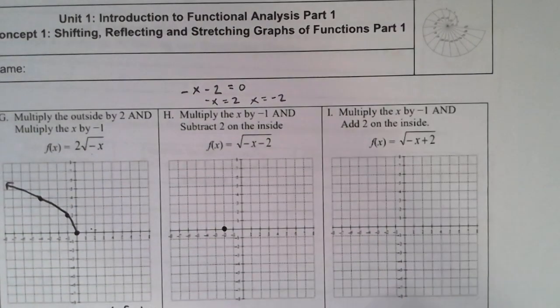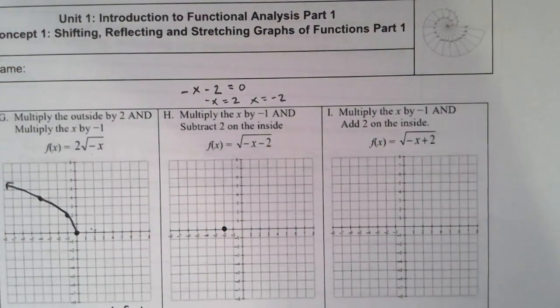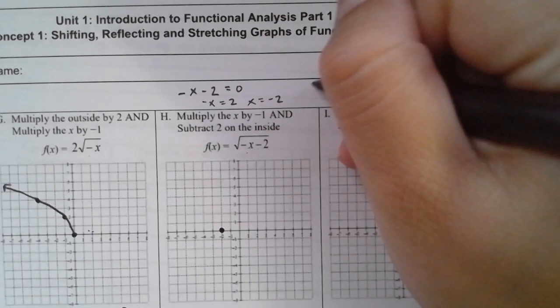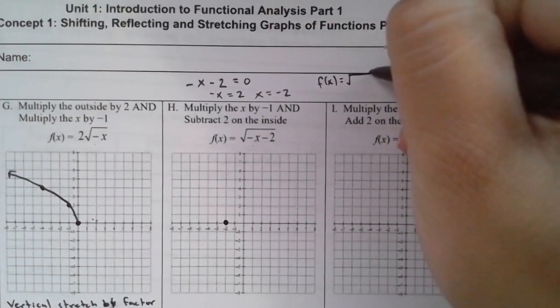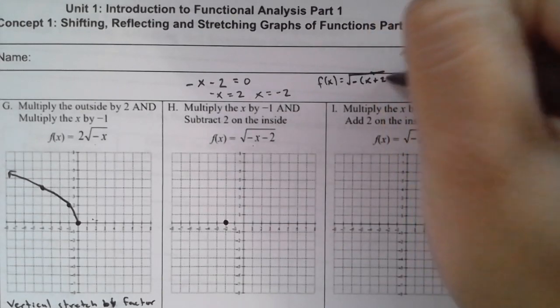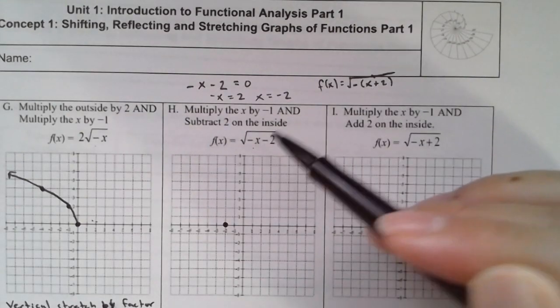Okay, now a couple things. Oh, sorry, here's the other way to look at it. Negative x minus 2: you're going to think of it as, what happens if I factor out a negative 1? You're going to get negative times x plus 2. Okay, so this is another way to write it.